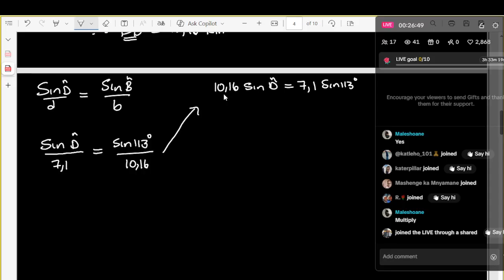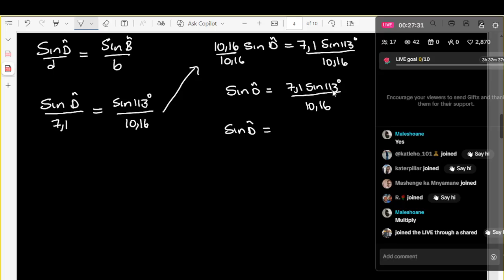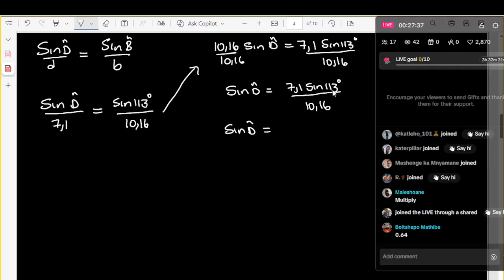To find this, you just have to punch this on the calculator and tell me what you get. If you have 7.1 sine 113 and everything is divided by 10.16, what is your answer? Okay, 0.64.